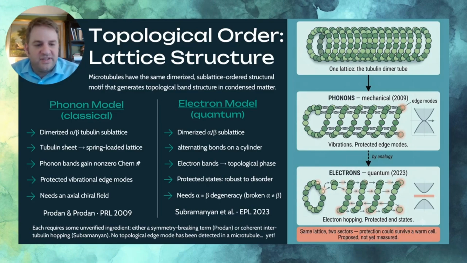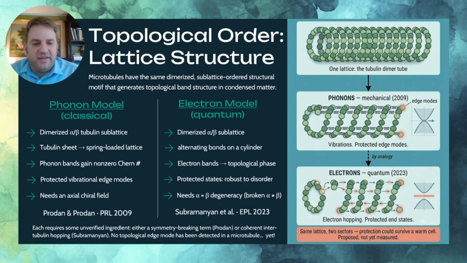So most of the physics is there, but someone would need to follow up to explain where this chiral symmetry breaking term could actually come from in real life. And if we could find that, then we would have good reason to believe that the microtubule has an interesting topological phonon band structure.